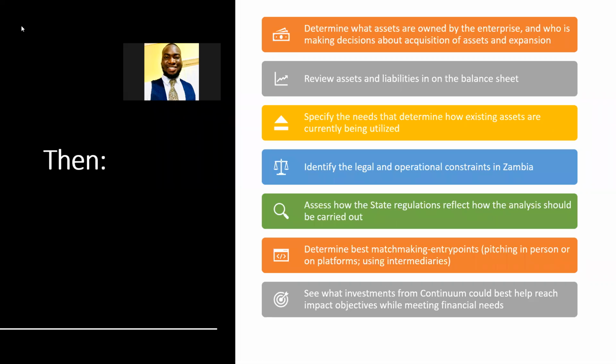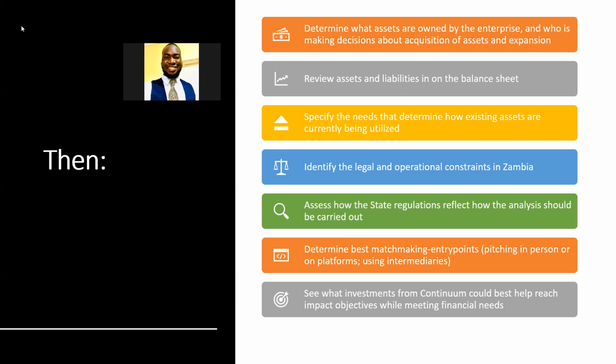At the same time, we look at the specific needs that determine how these existing assets are currently being utilized. And then we identify some of the legal and operational constraints that exist within the business environment for that impact enterprise, like in Zambia. And then we assess how the state regulations reflect the analysis and how it should be carried out.